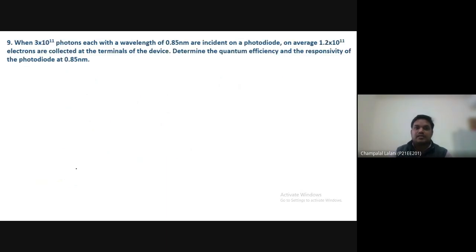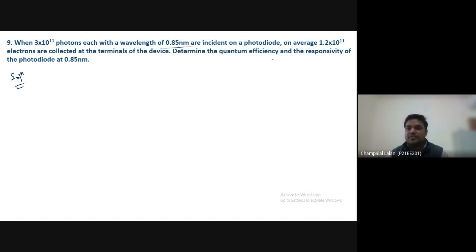This question is related to the photodiode. The question is, when 3 into 10 to the power 11 photons, each with a wavelength of 0.85 nanometers, are incident on a photodiode, on average 1.2 into 10 to the power 11 electrons are collected at the terminal of the device.